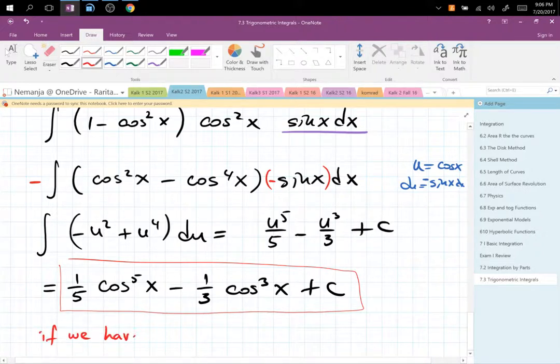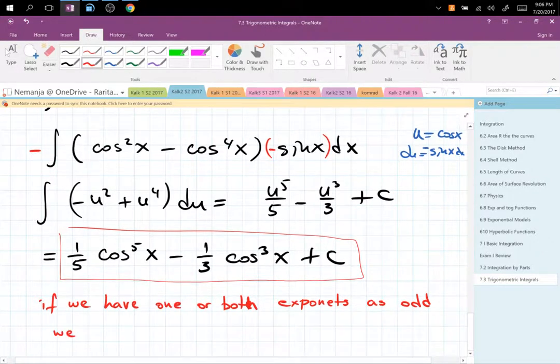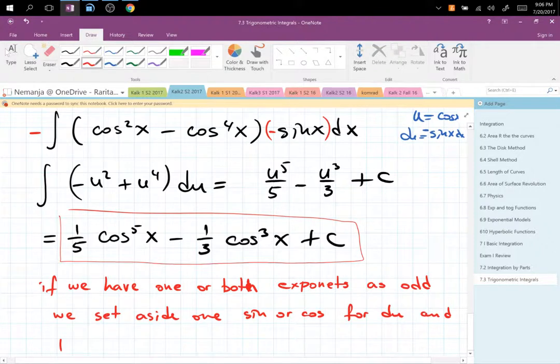If we have one or both exponents as odd, we set aside one sine or cosine for du and transform the rest.